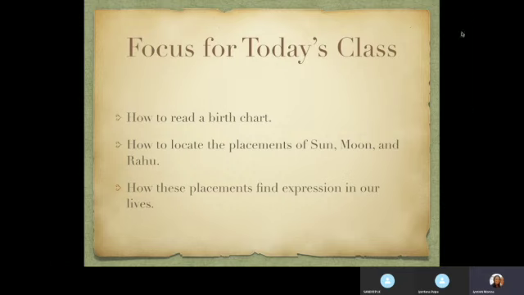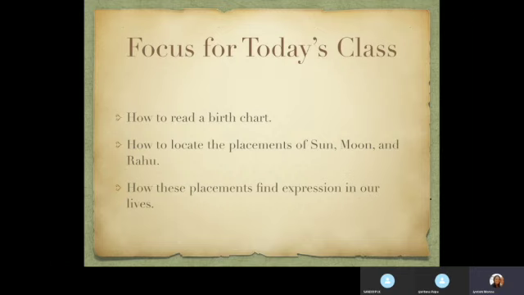They're energies. They're forms of energies that seize us. They grasp our consciousness. So I will call them planets anyway, just because it's easier to get across, but they're grahas in Sanskrit.